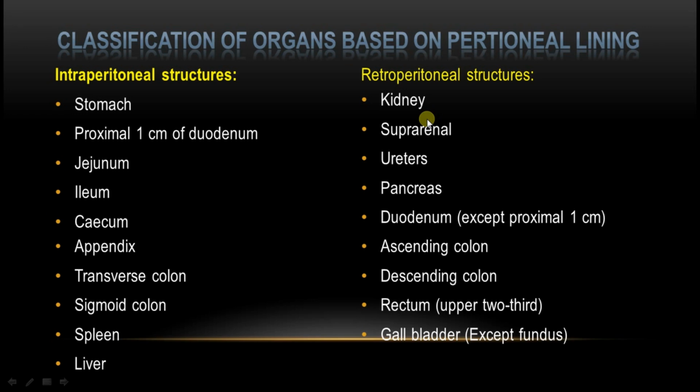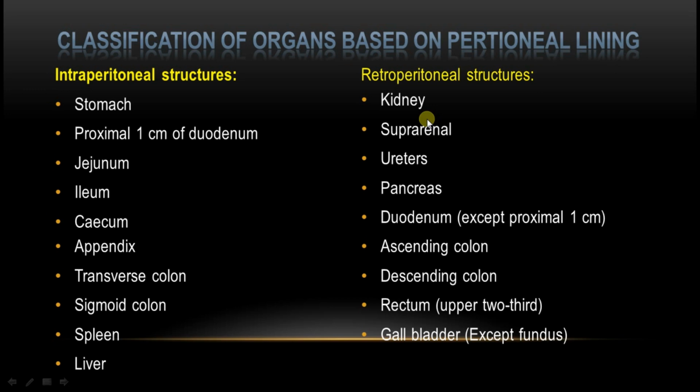The superior surface, which is adherent to the liver, is the fossa for the gallbladder. Again, this is not covered by the peritoneum. The small part of the gallbladder which projects beyond the inferior border of the liver is called the fundus of the gallbladder. That is the only part of the gallbladder which is intraperitoneal, or covered by peritoneum on both sides.